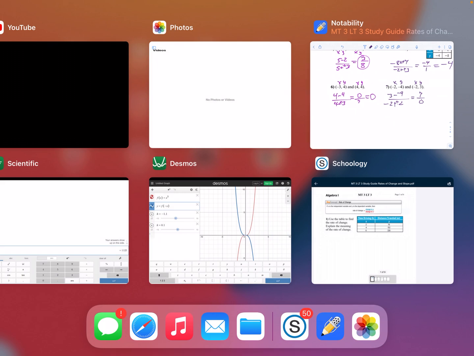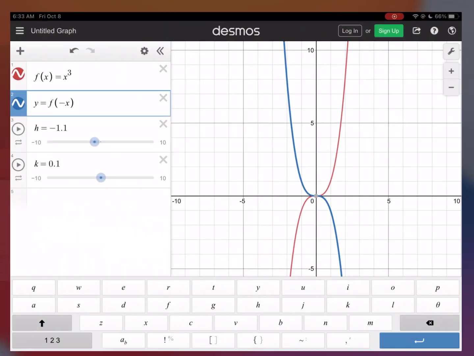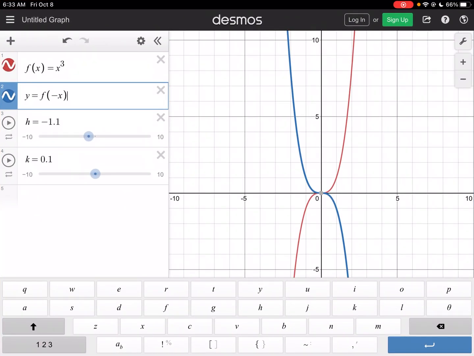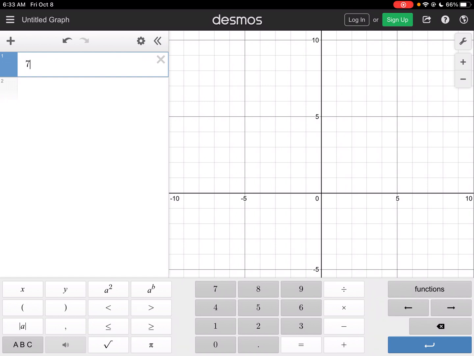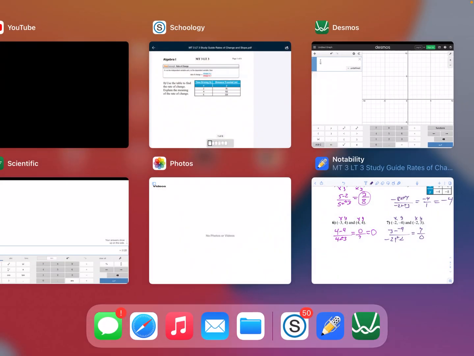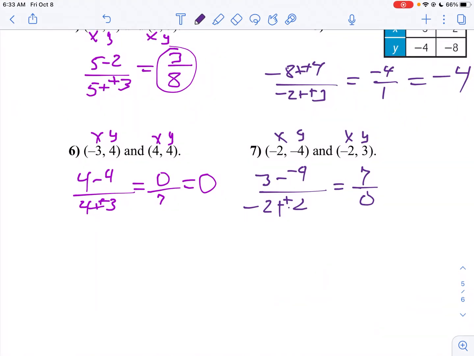Let me show you with a calculator. If I take 7 divided by 0, it's undefined. You can't do it. So if you're dividing by 0, your answer is undefined.